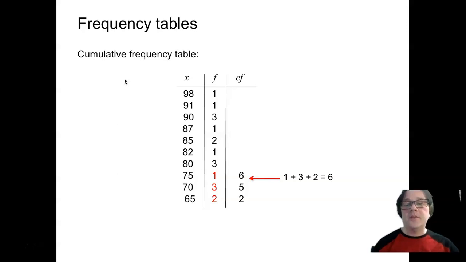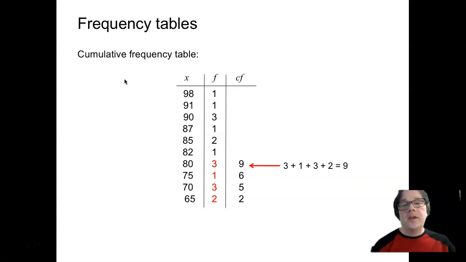By the time we get to 75, we're asking how many scores in your distribution are at 75 or below. We have 1 score at 75 and 5 scores below 75. So we're at 6 now. And again, we just move up the table.